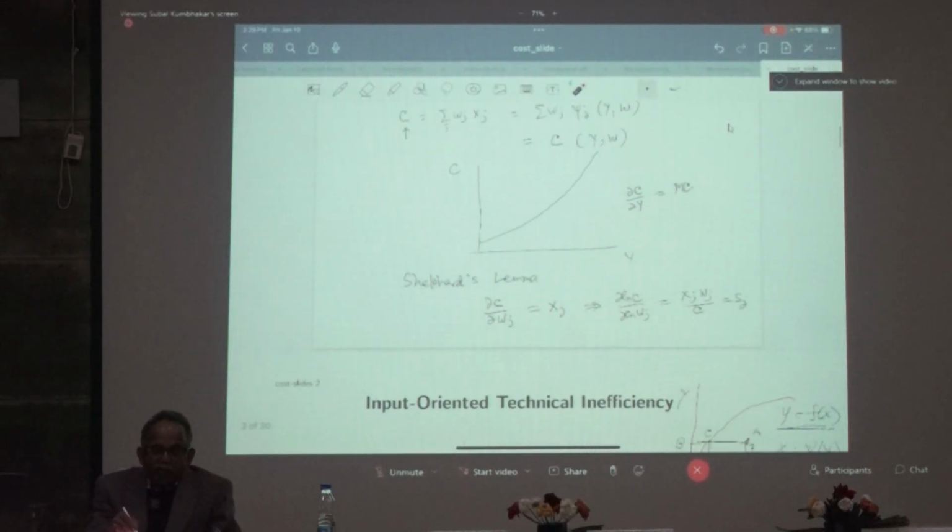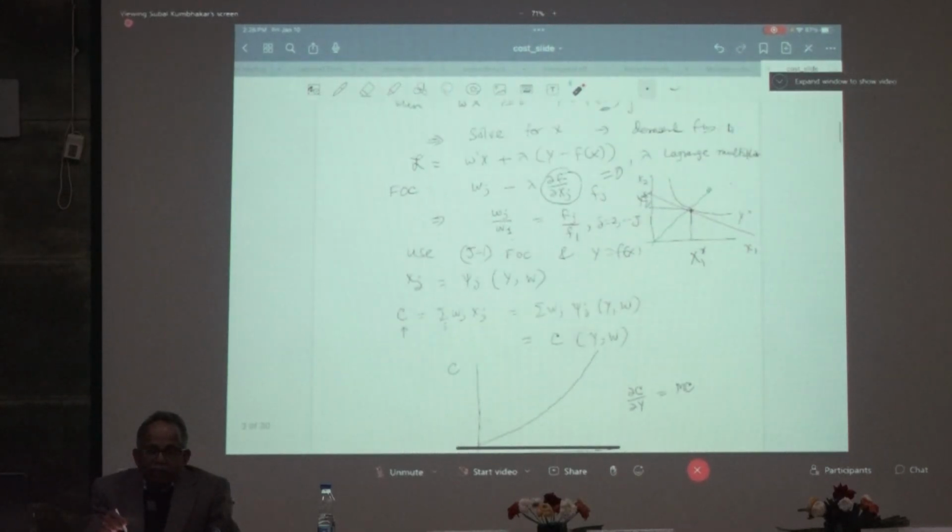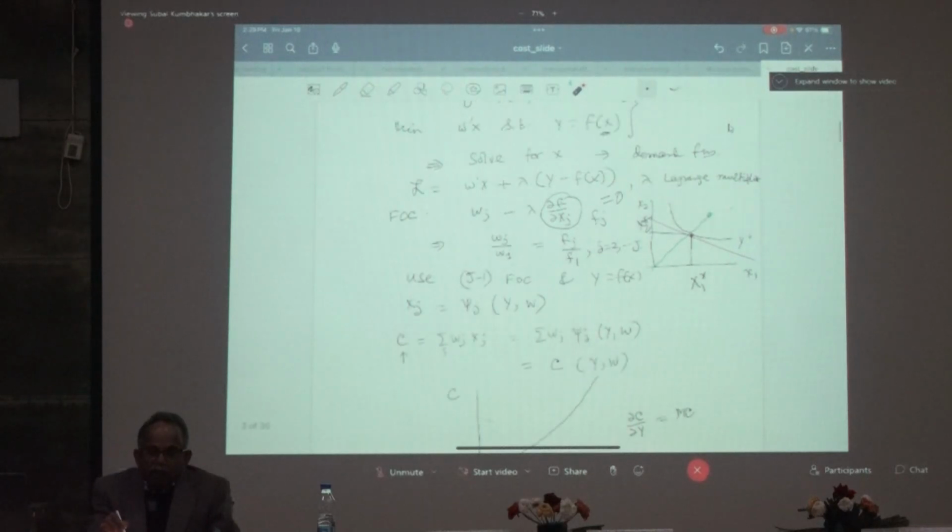So then there is something else, which you may not have seen, what's called Shephard's lemma, meaning that if you take a derivative of the cost function with respect to input prices, you get your x's. That means input demand can be simply obtained by taking a derivative of the cost function with respect to input prices. And that is obvious if you follow the mathematics in here. That means if you take a derivative of this with respect to input prices, you get your x, because this is going to be equal to 0, the optimal, with y equal to f of x.